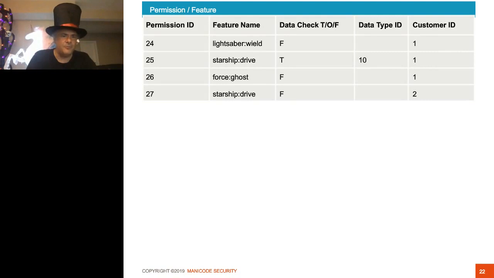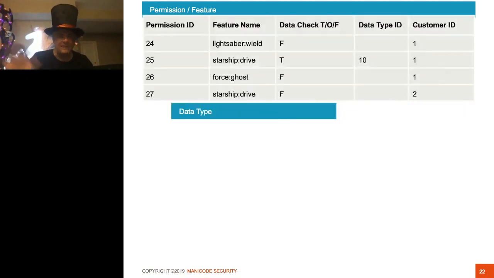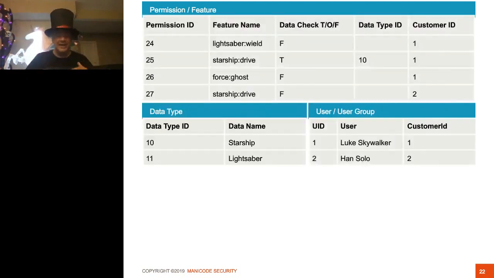I have all my permissions for this game: wield lightsaber, drive starship, the Force Ghost power. This is me as a developer configuring the policy of my application, right? I haven't granted anyone any entitlements yet. I haven't entitled anyone to do anything in my system. I'm just setting up the metadata for all these features here, right?